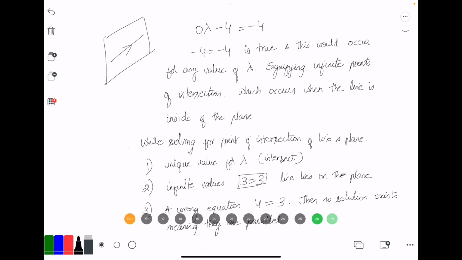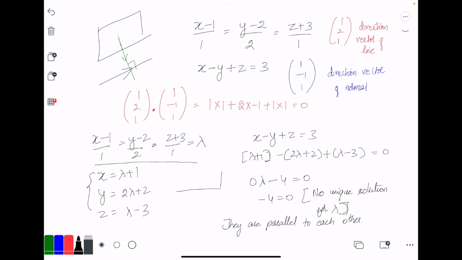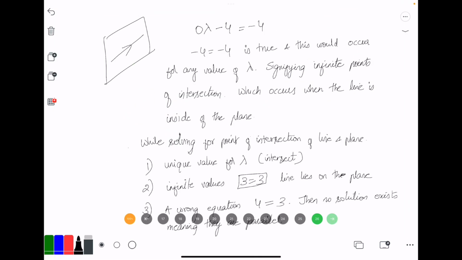Hope this is clear. So the procedure involves first equating the line to lambda, getting the values of x, y, and z in terms of lambda, and then substituting in the equation of the plane. Upon solving the equation, if lambda is a unique value, they intersect.